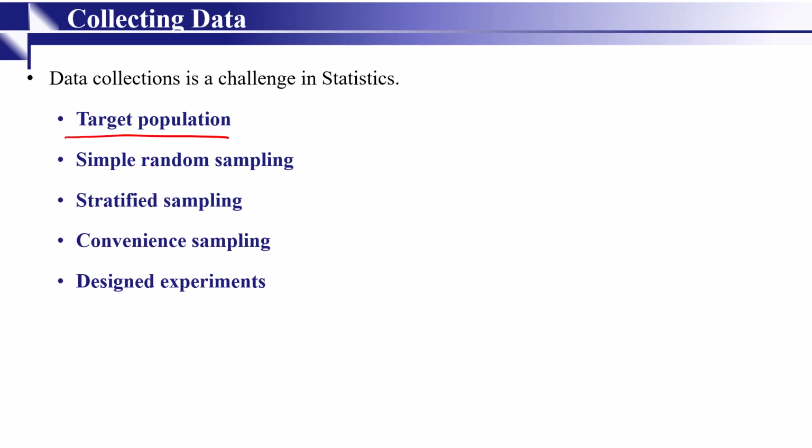Now let's talk about simple random sampling. When data collection entails selecting individuals or objects from a frame, the simplest method for ensuring a representative selection is to take a simple random sample. This is one for which any particular subset of a specified size, like a sample of size 100, has the same chance of being selected.